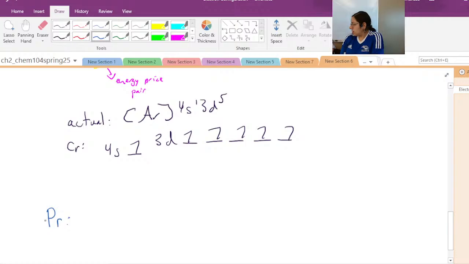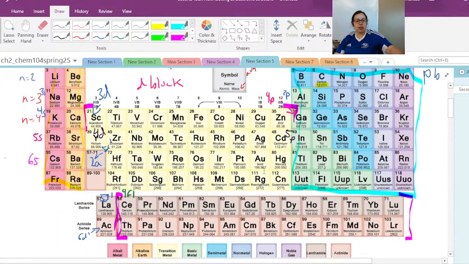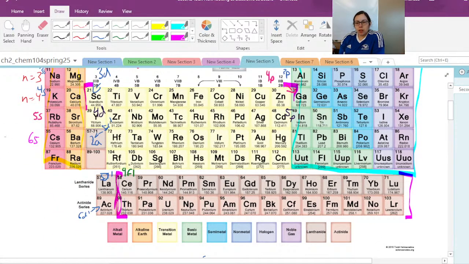So element 59, praseodymium, electron configuration. Again, this is what our expected answer is. And again, let's just fill it up normally. Look at our numbers. So this is where people always get confused. Which noble gas do I use? So use the numbers.